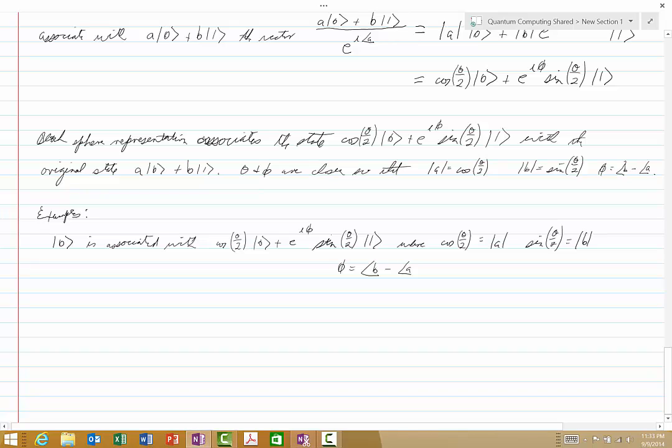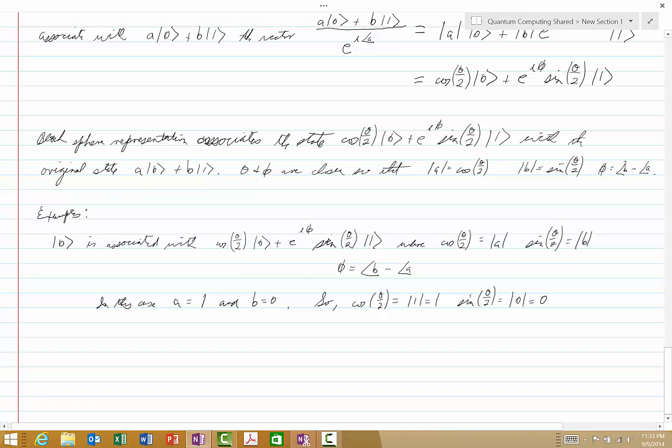So we can see in this case A is equal to 1 and B is equal to 0, and therefore cosine of theta over 2 is equal to the magnitude of 1, which is just 1, and the sine of theta over 2 is equal to the magnitude of 0, which of course is 0.